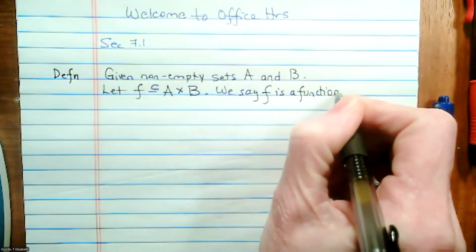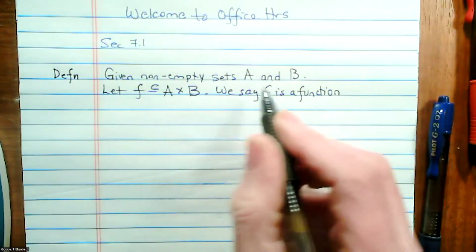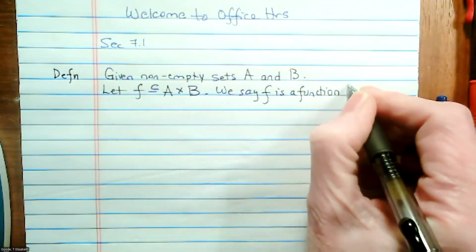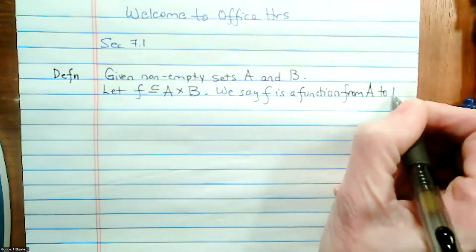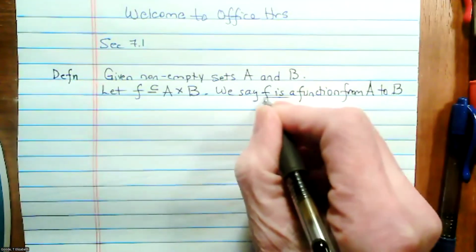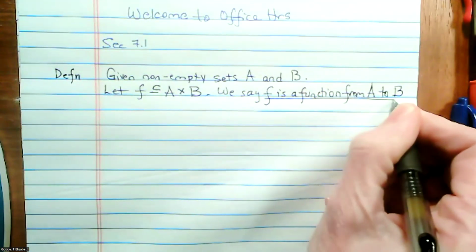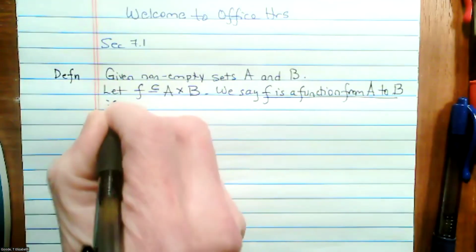There are lots of subsets of A cross B, okay? But we say F is a function from A to B if two things happen.